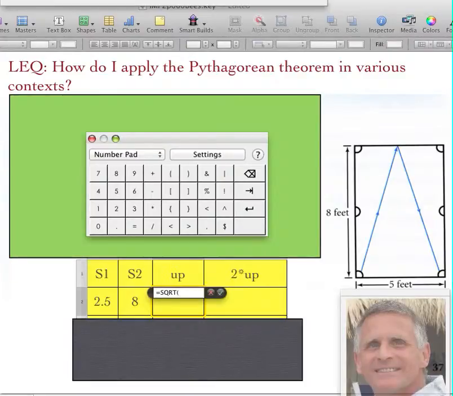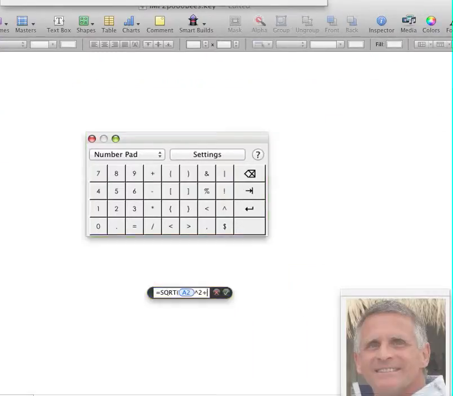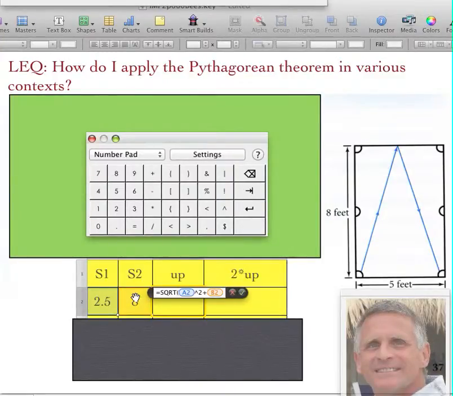I'm going to now take the first distance, 2.5, by tapping on it, caret 2 to square it, plus tap on the second side, caret 2 to square it, and then close my parentheses to get the formula, and the green check mark gives me the answer for the hypotenuse, 8.3.